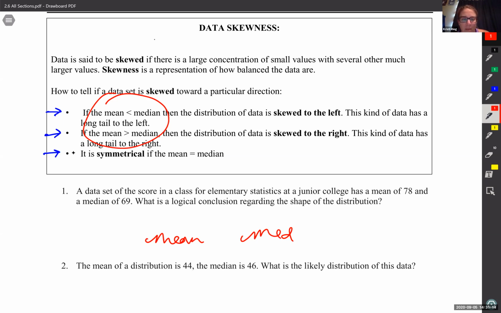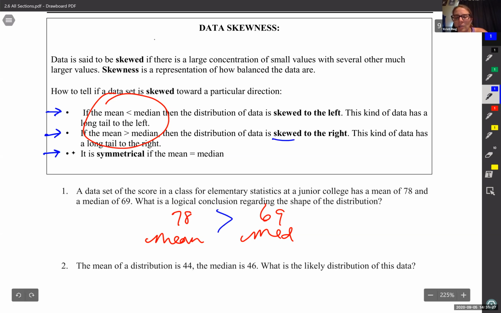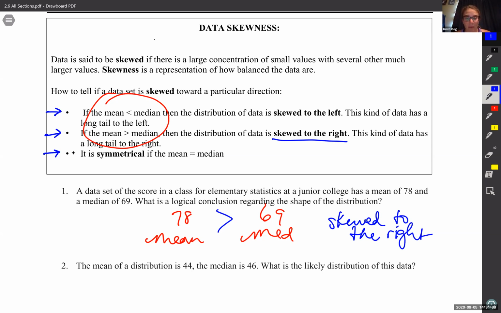It says the data set has a mean of 78 and a median of 69. I know that 78 is greater than 69, so it is skewed to the right. That's all we're looking for.